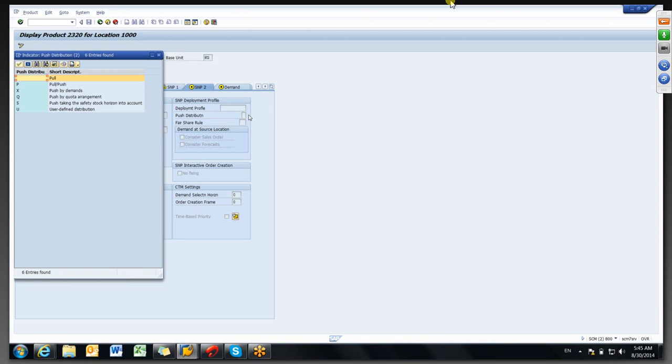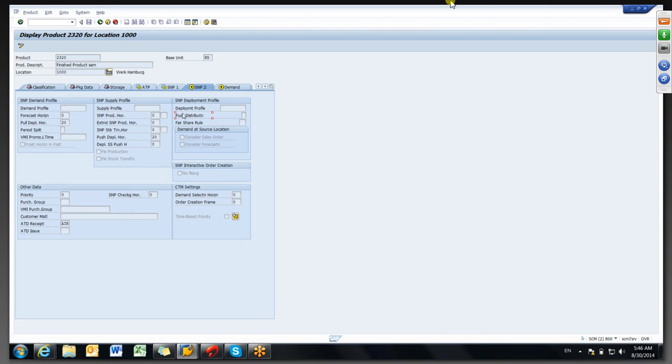Every one of these indicators makes the system create a different behavior depending on the situation. Right, exactly. For instance, in what case should we use P, X, Q, or S? Yeah, we'll discuss now. Okay.